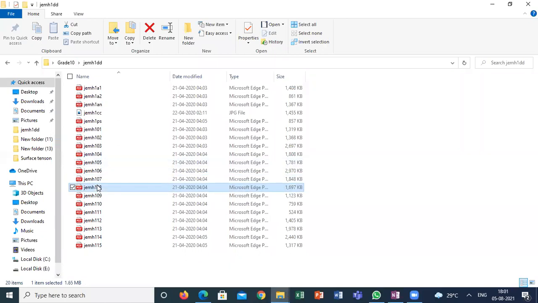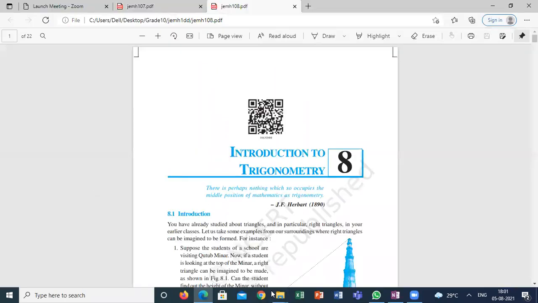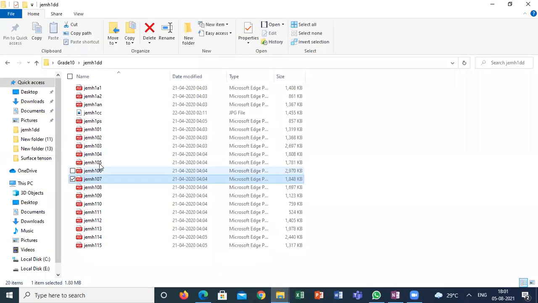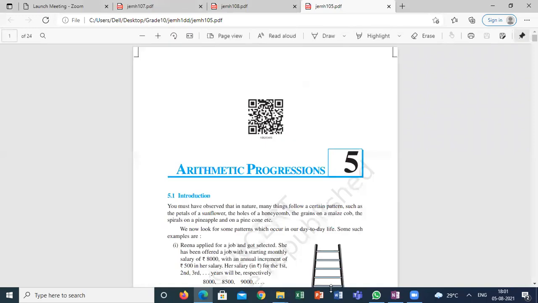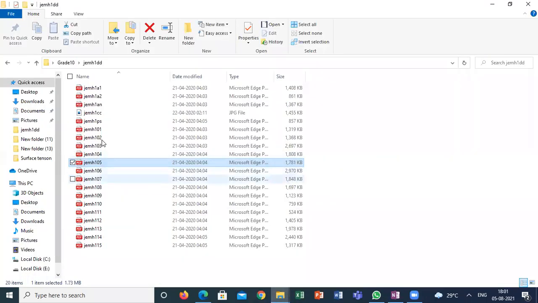Can anyone explain the statement of the basic proportionality theorem, guys? What did we discuss in that class? Anyone?